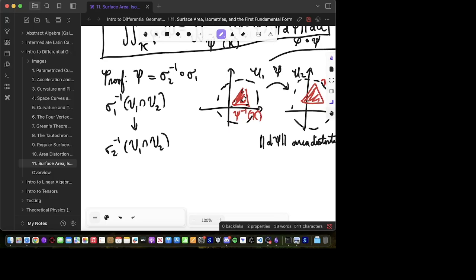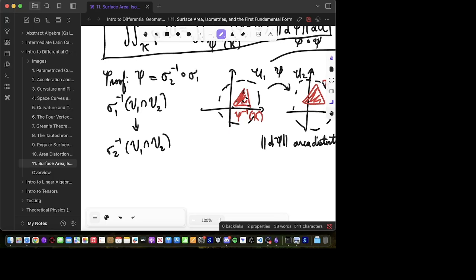But for this case, let's just assume that V1 equals V2. So we're just looking at a diffeomorphism from U1 to U2.